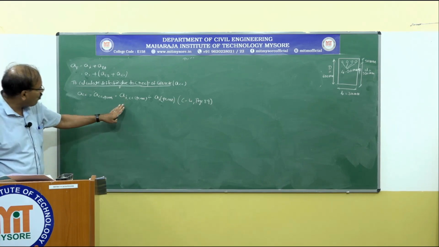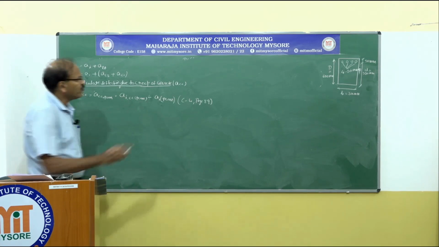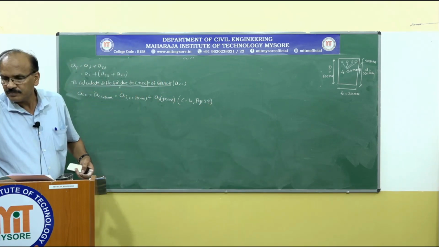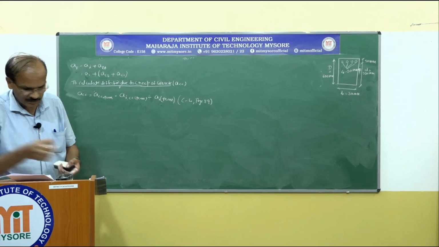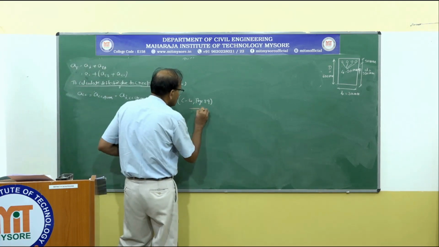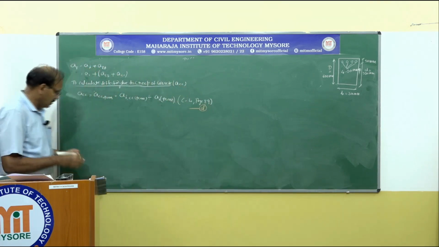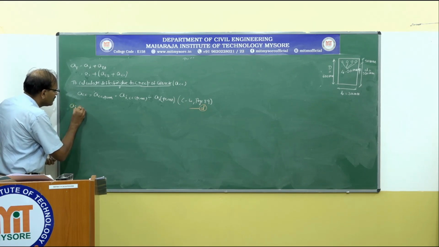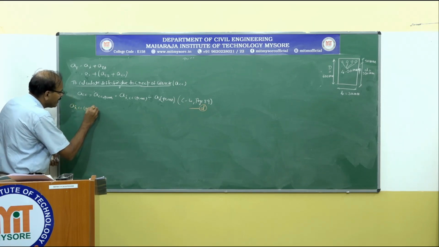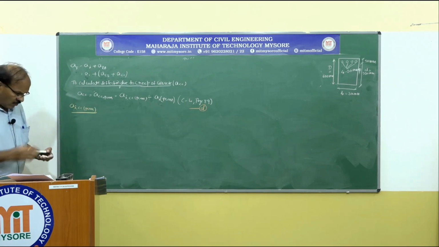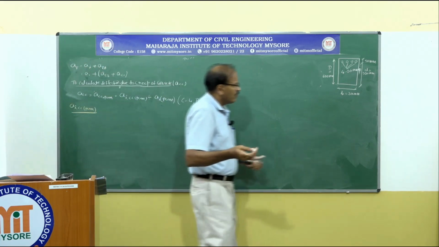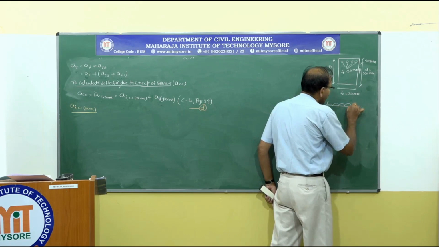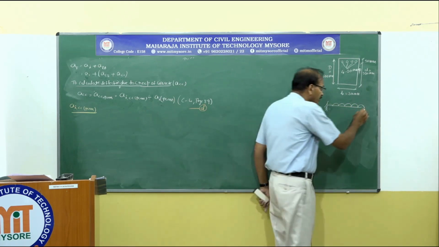So we will go one at a time here. So I am going to call this as equation D. That is equation D. So let us find out first what is Ai,cc permanent. We know the formula for the deflection of a cantilever under UDL.